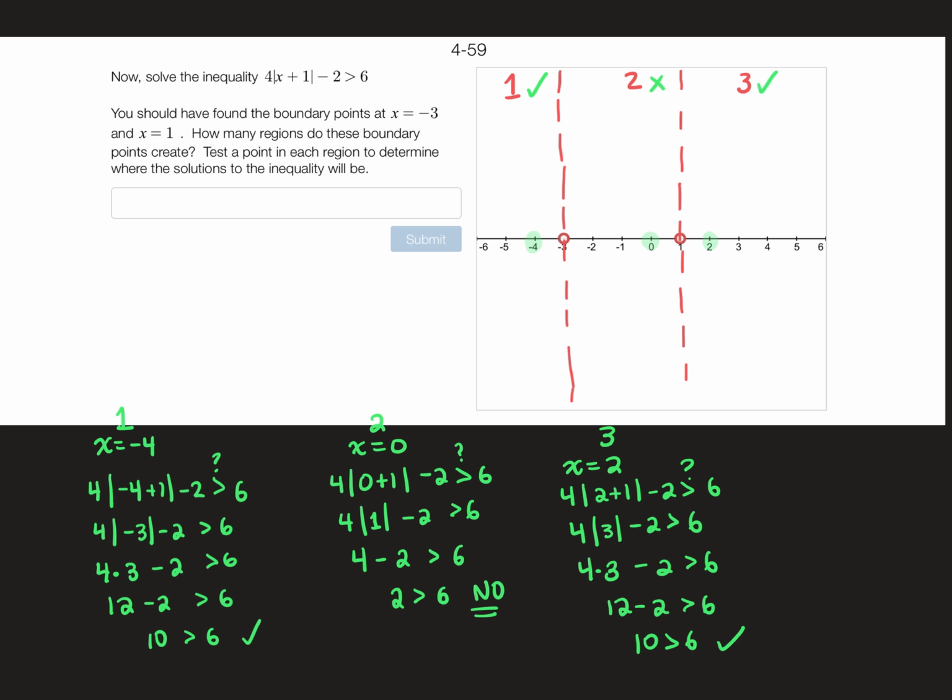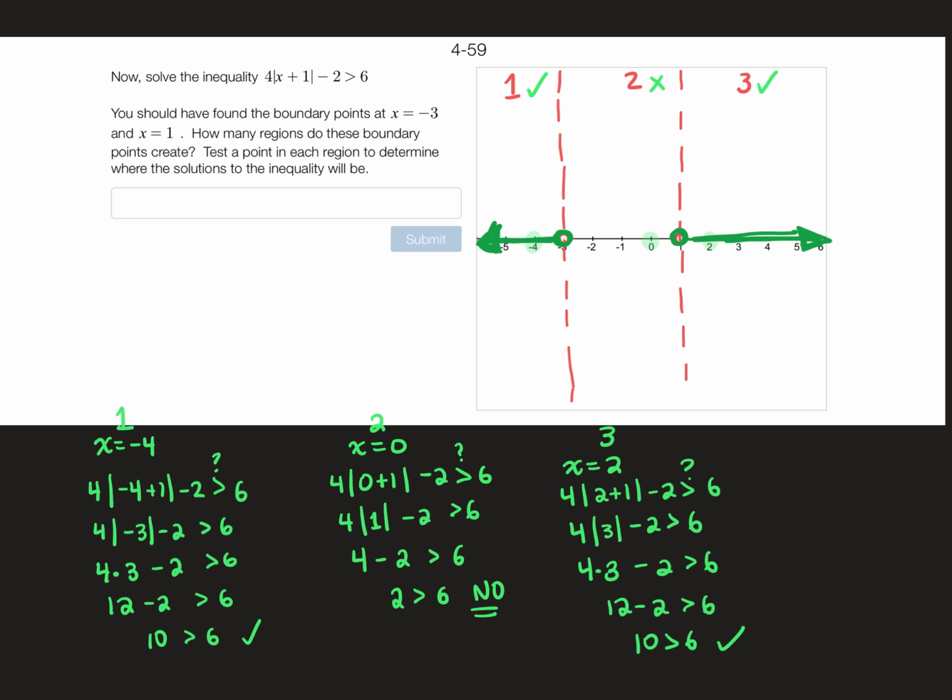So here's what I know. I know everything in region 1 and everything in region 3 works. So what I can do is say, okay, it's all of these numbers with an open circle here, and then all of these numbers.